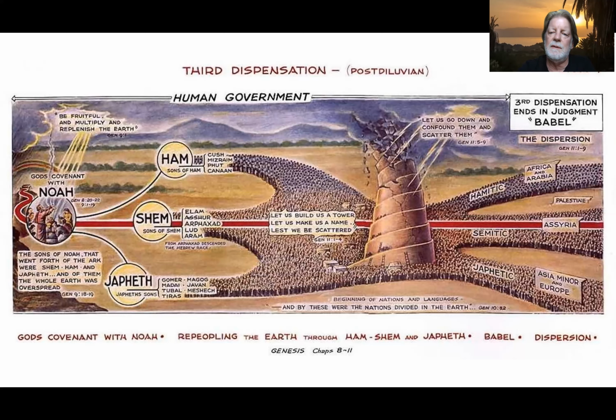And it was partially to do with the tower, but the tower was just a symbol of what was going on. And we'll talk about the thing that was going on. Then after the flood, of course, the dispersion takes place once again.